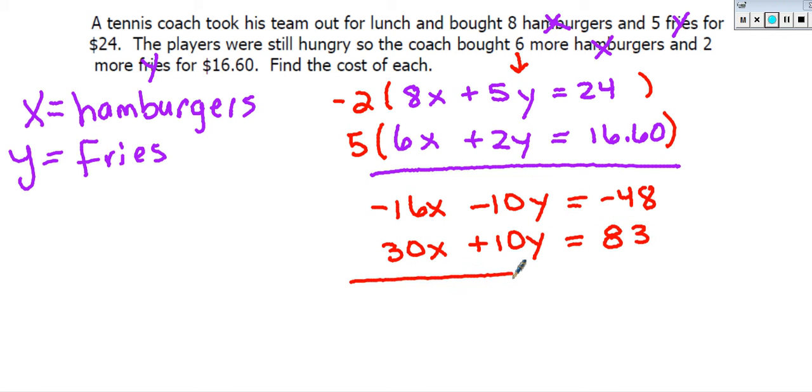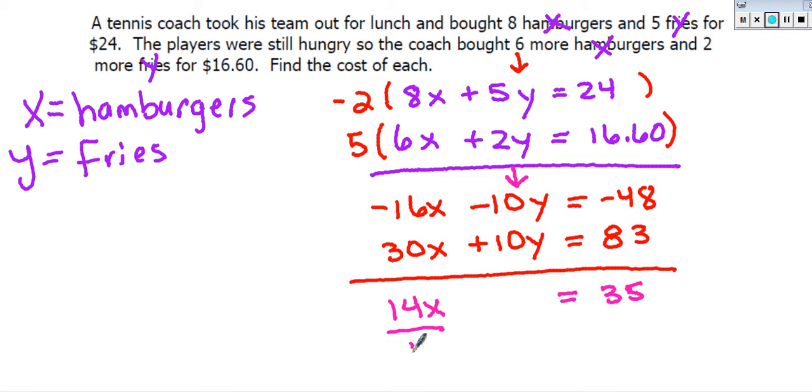So now we have a system that is really easy to eliminate because I have my opposites for my y. So when I add these together, I get a positive 14x, I get a 0y, and then 83 plus negative 48 would give us a value of 35.